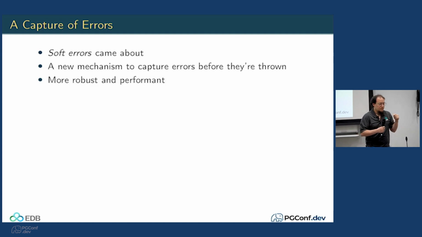And that means that the system doesn't slow down processing the error redundantly, and it is more robust and it performs better.